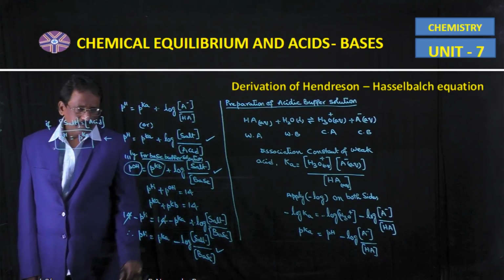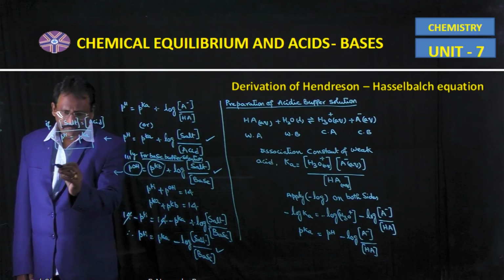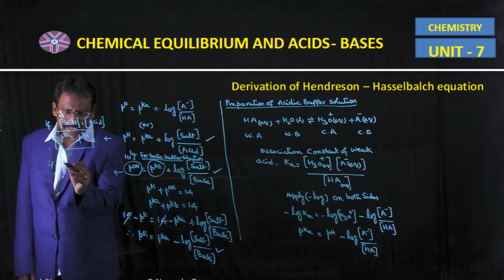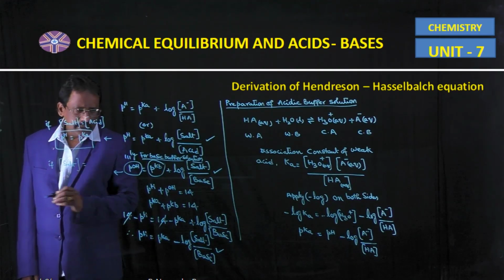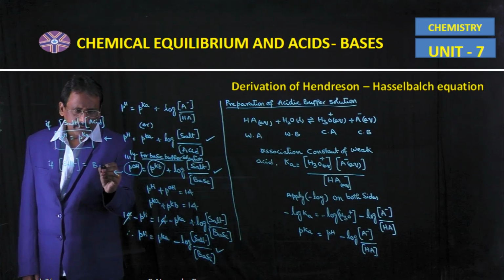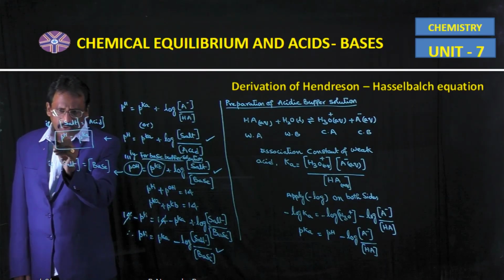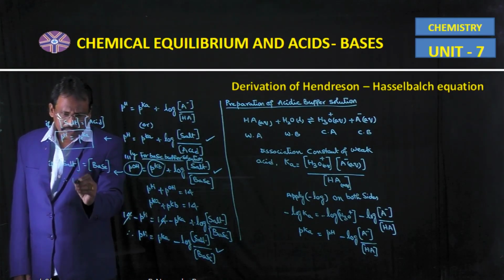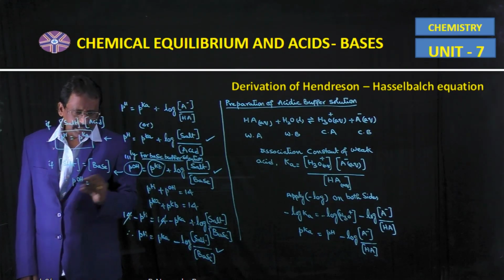Similarly, in this expression also, if the active mass of the salt is equal to the active mass of the base, log 1 is 0. Therefore, the pOH value of the basic solution is equal to pKb.